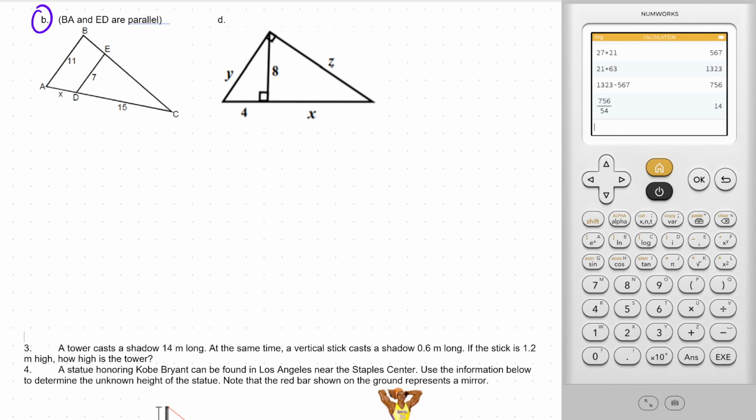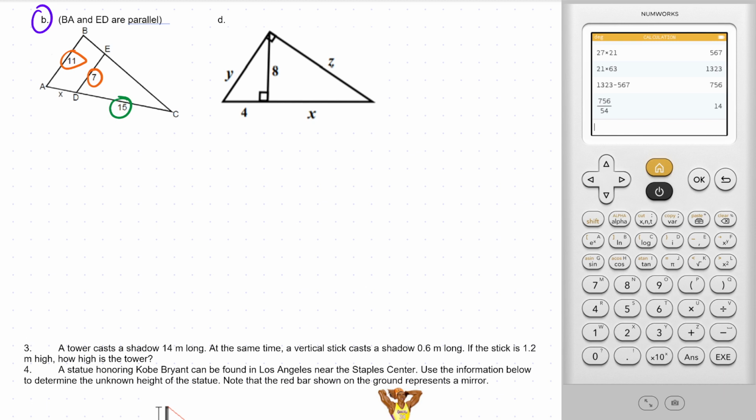Okay, so in my longer triangle, let me go ahead and color code sides again. I'll use orange. So I've got the shorter sides in my 2 triangles. And then the longer side in my smaller triangle, but here's the issue.